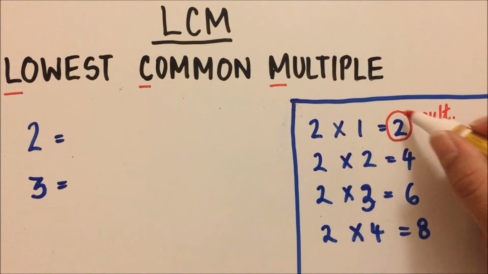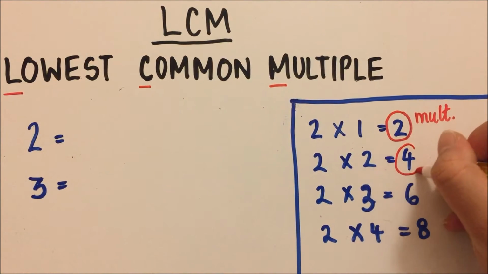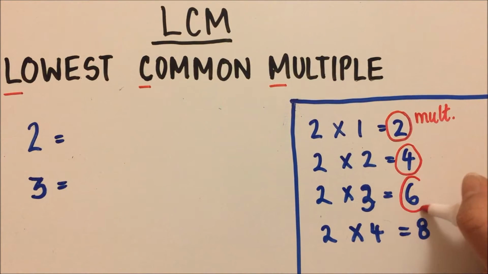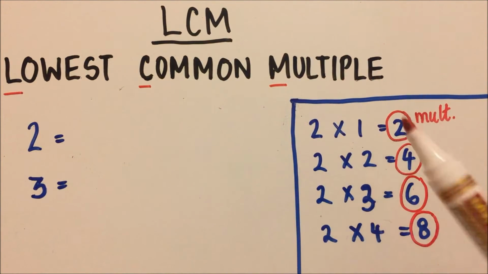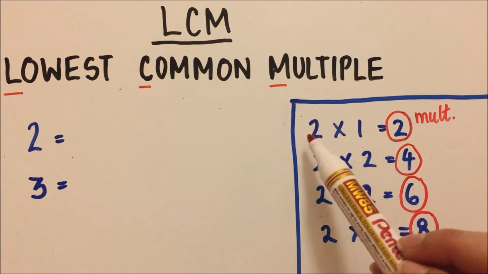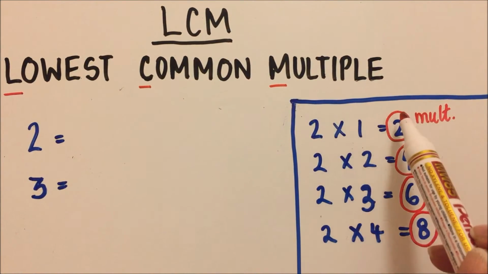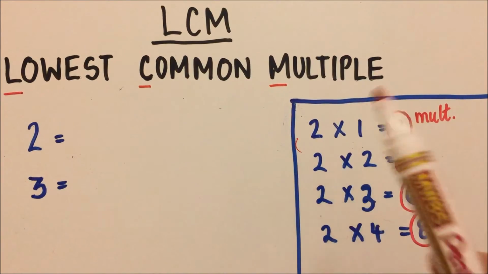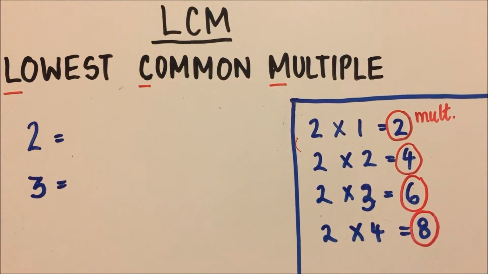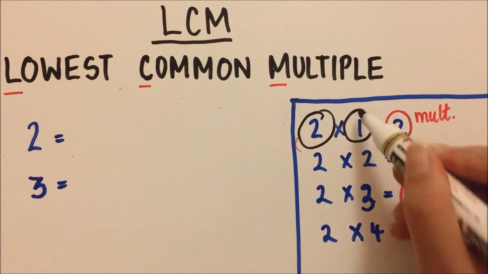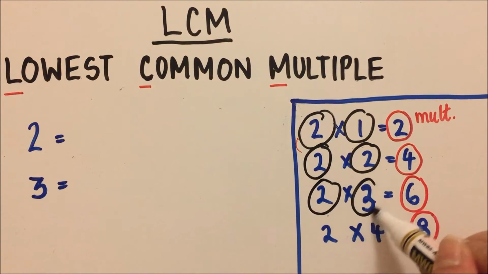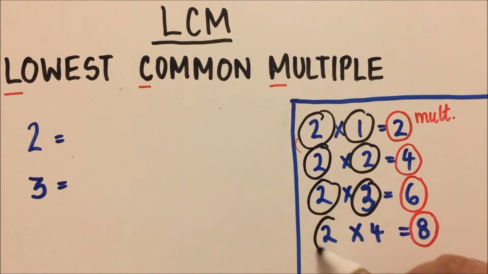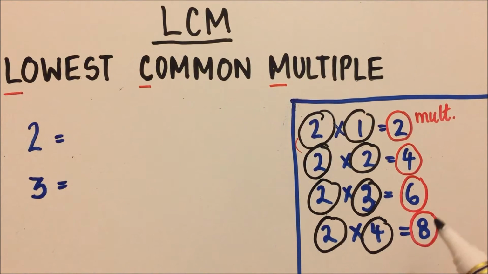So in this case, 2 is the multiple, then 4 is your multiple, 6 is your multiple, 8 is your multiple. And anything on the left side are factors, so whatever numbers you multiply to give you that multiple are factors. So 2 and 1 are your factors, 2 and 2 are your factors, 2 and 3 are your factors, and 2 and 4 are factors.